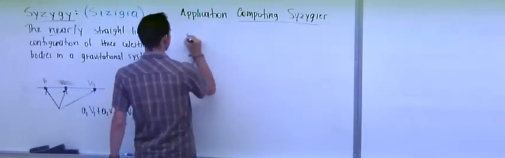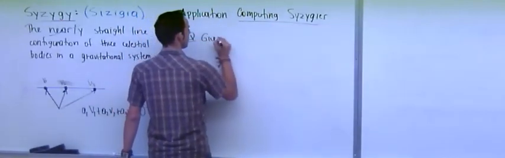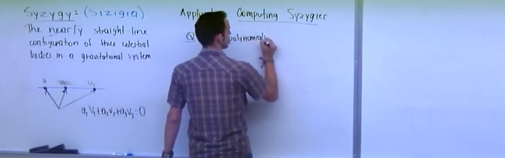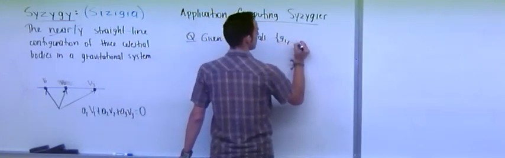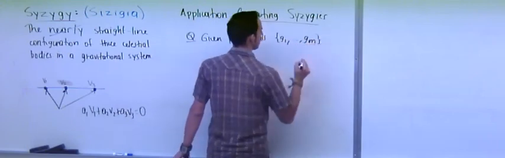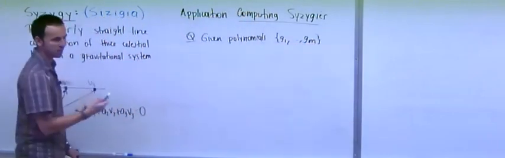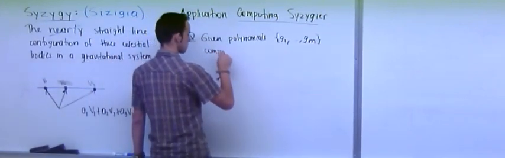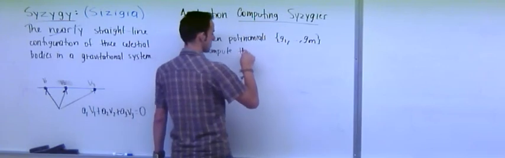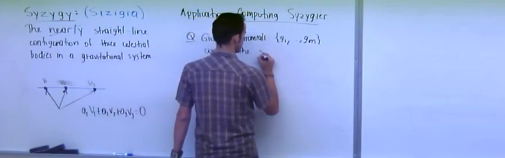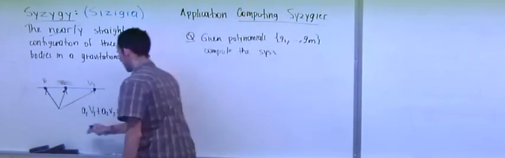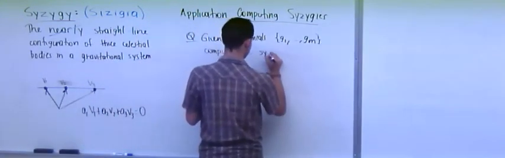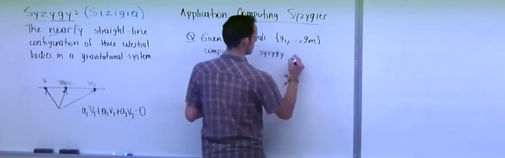So the question is this one: given polynomials, say g1 up to gm, compute the syzygies between them. The syzygy module.